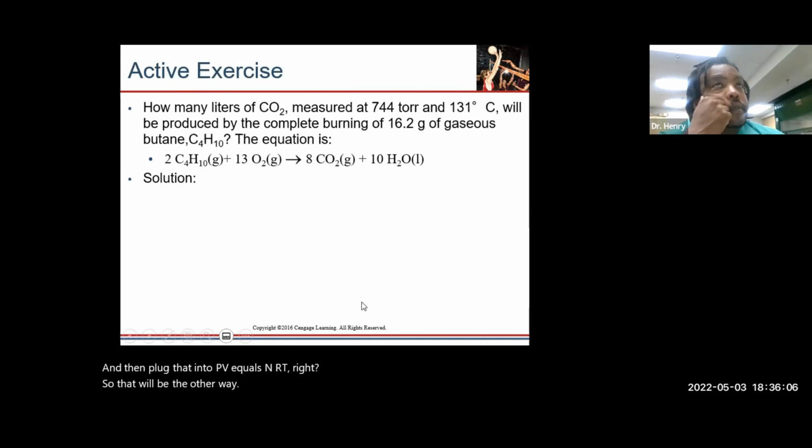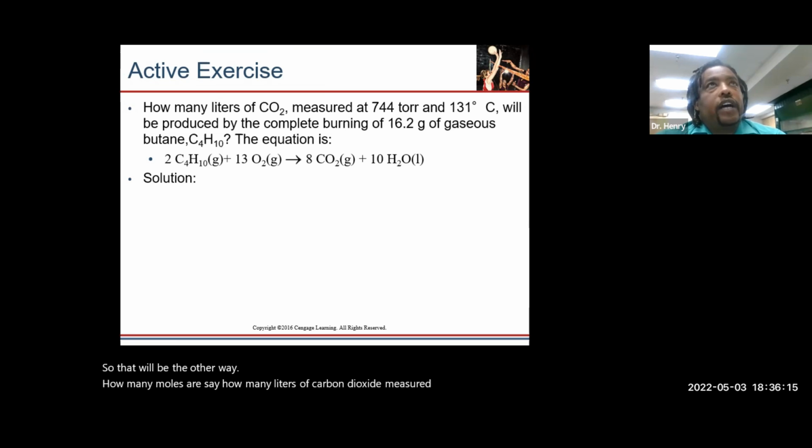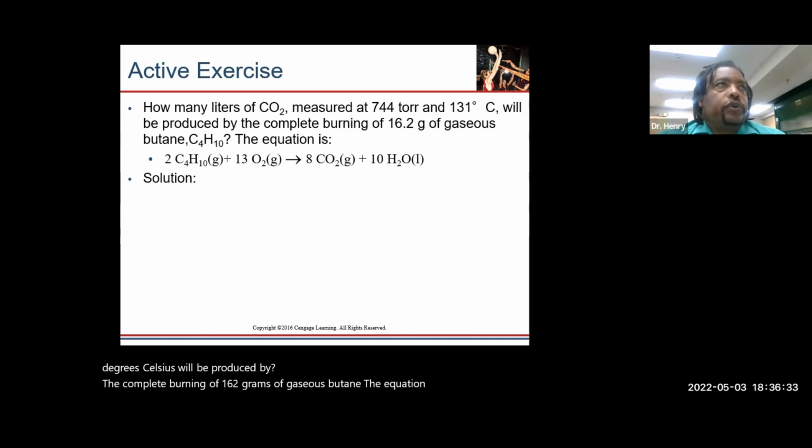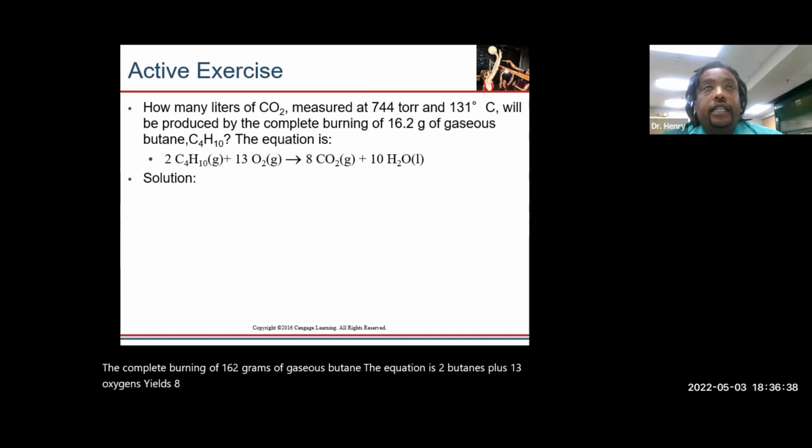How many liters of carbon dioxide measured at 744 torr and 131 degrees Celsius will be produced by the complete burning of 16.2 grams of gaseous butane? The equation is 2 C4H10 plus 13 O2 yields 8 CO2 and 10 H2O.